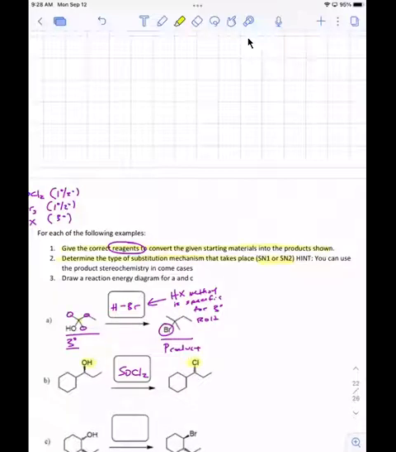Somebody mentioned that in that first reaction there's a carbocation intermediate, and you were right. So if the reaction goes through a carbocation intermediate, which substitution mechanism is taking place?